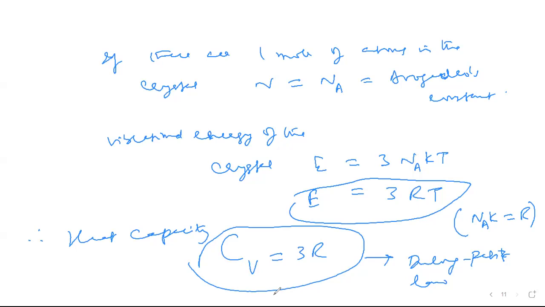In practice, heat capacity varies with temperature. So this is how classical theory breaks down. It doesn't give us the correct picture of heat capacity. Heat capacity varies with temperature. It cannot account for that. Heat capacity is not constant for all solids. It cannot account for that, right?